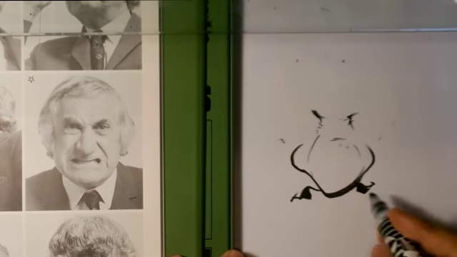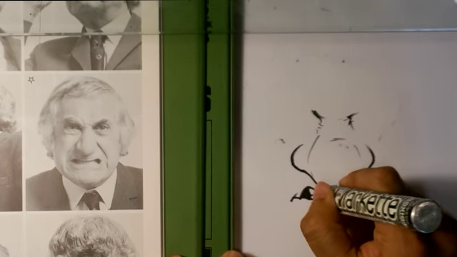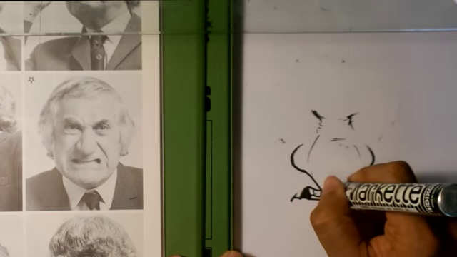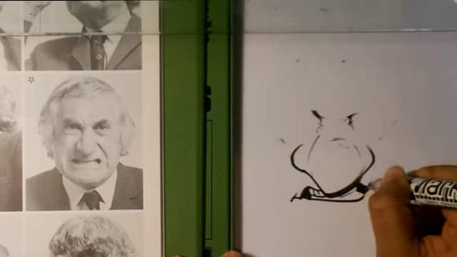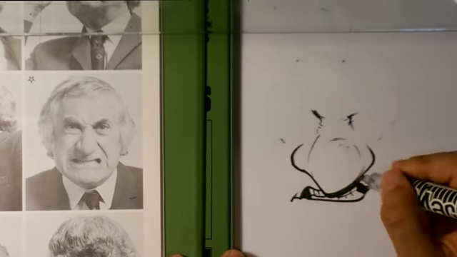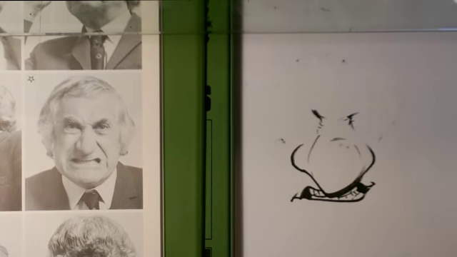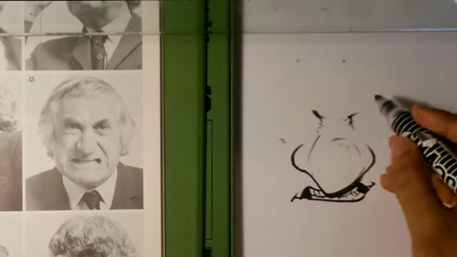Right now I'm just drawing shapes, the shapes that I see. Center line. Not gonna draw the teeth too defined. So he's kind of making that face in the photo. I'm just kind of exaggerating it. I guess I will draw his angry face.